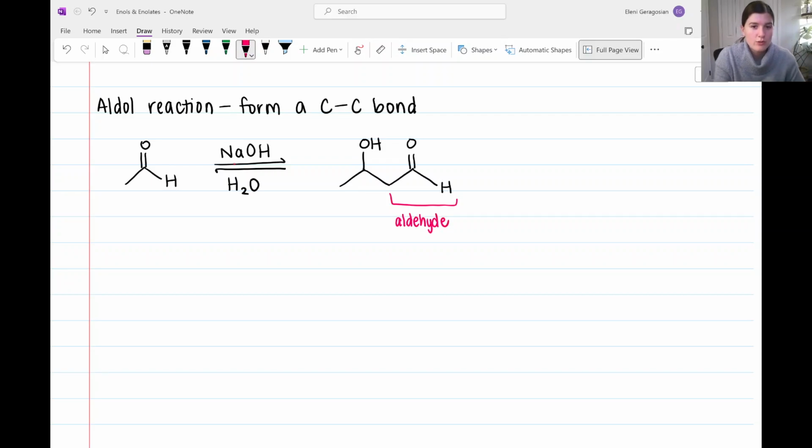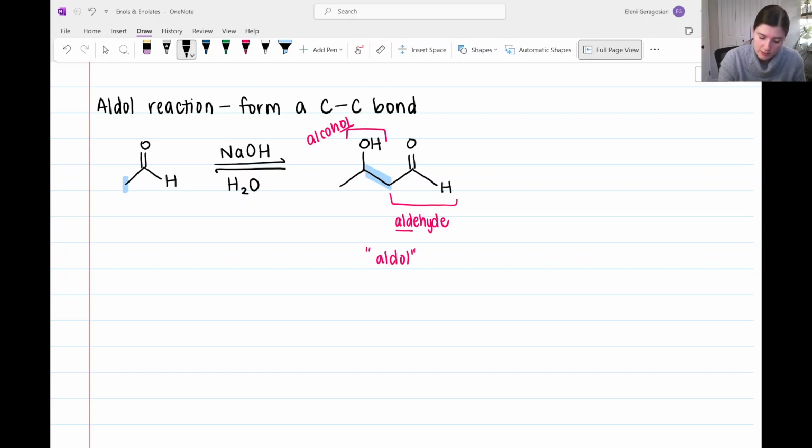Looks very similar to the starting material, but we have this new carbon-to-carbon bond from the alpha carbon to the original aldehyde. So new carbon-to-carbon bond, and then we also have an alcohol group. And so this is called an Aldol reaction because we have both an aldehyde and an alcohol. So we form an aldol product.